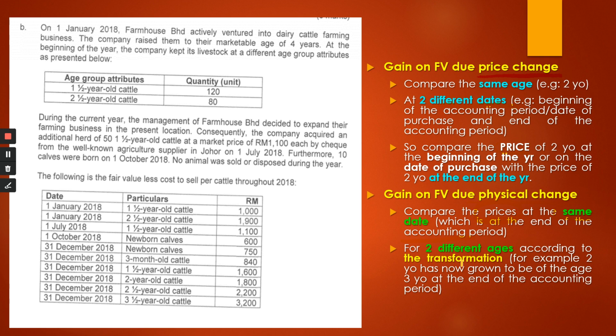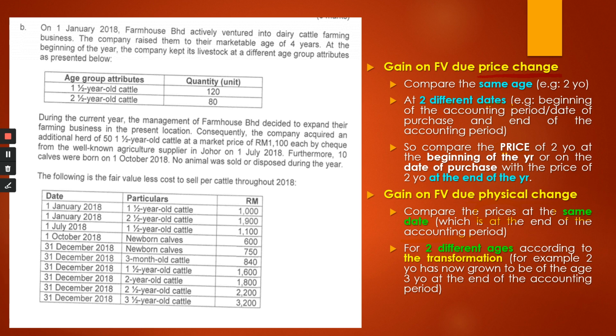And we are going to compare the two different age groups according to their transformation, which will take note of what happened before and what happened after in terms of biological transformation. And the price is still at the same date, which is at the end of the year. So that was what you need to understand.